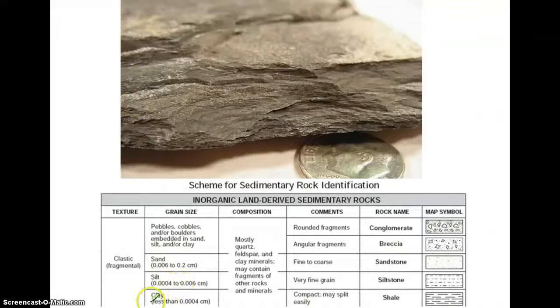Now, if the grains are smaller than sand, they would be called silt or clay, depending on the size of the particles. Silt and clay, you're not going to see the actual grains because they are microscopic. Okay? But what we'll find is that they are very fine grained, very smooth, and very compact, and shale can split easily.